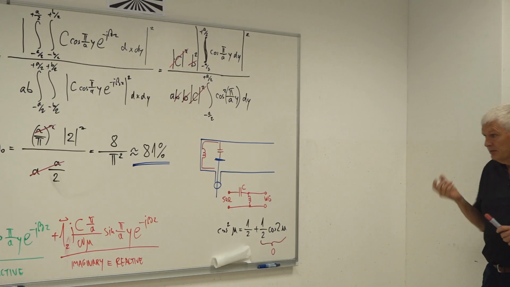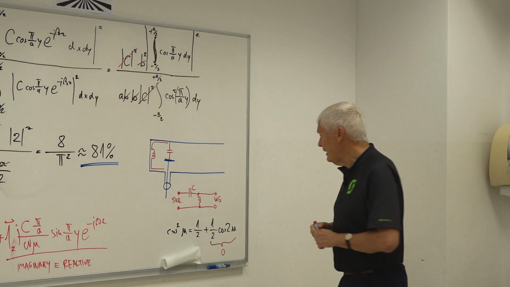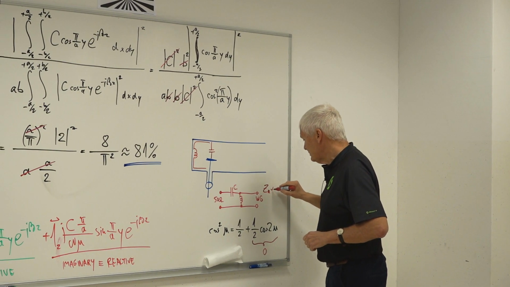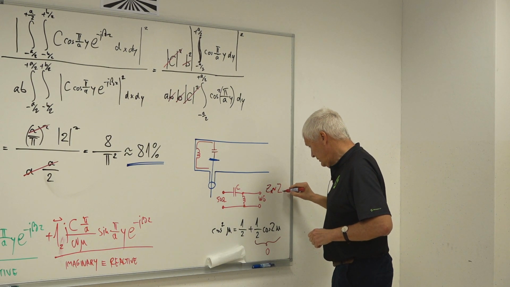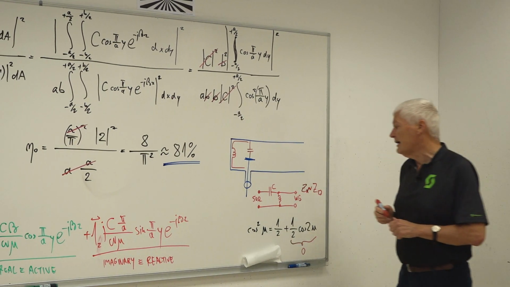And what's the impedance of the waveguide? It's much higher than 50 ohm. The impedance of the waveguide is in the range around Z0, and Z0 is 377 ohm. This may be even larger, maybe 500 ohm.